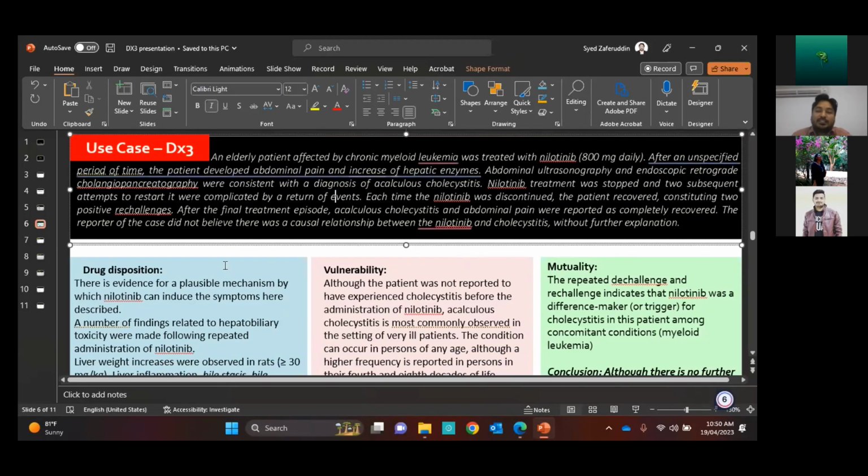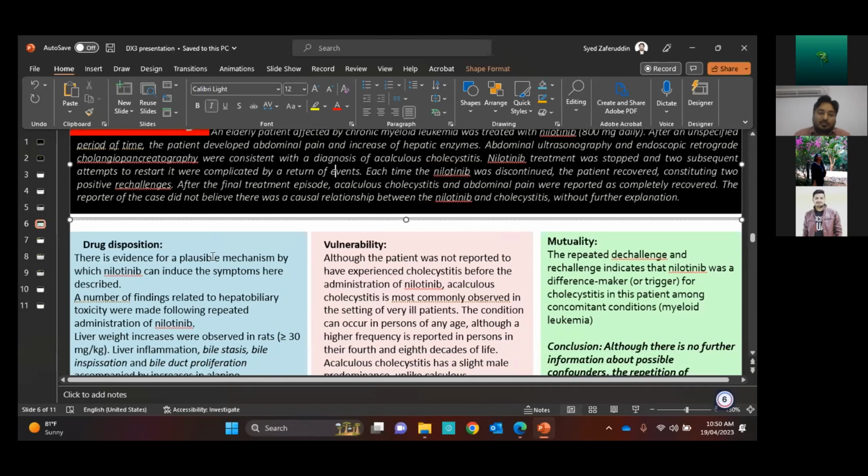So from the drug disposition point of view, drug disposition is nothing but historical data about the drug. If we have some mechanism which suggests that this adverse reaction was caused by nilotinib, it means that the association will be strong because it has a mechanistic approach.